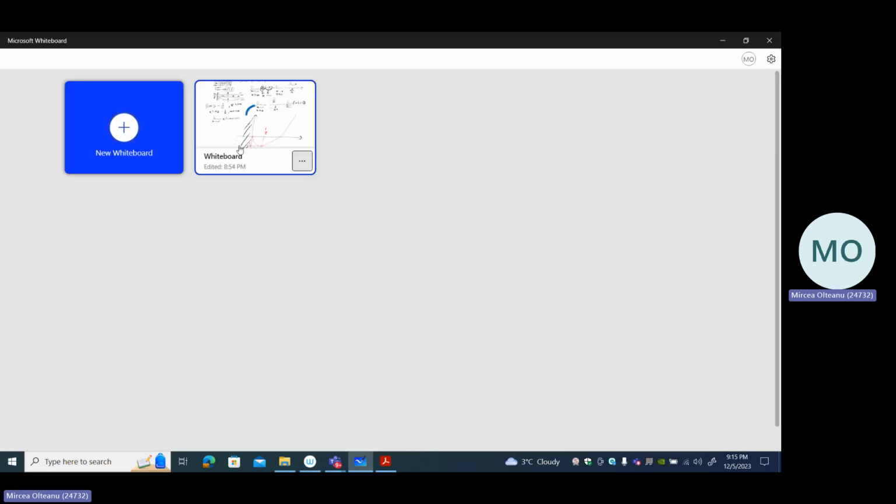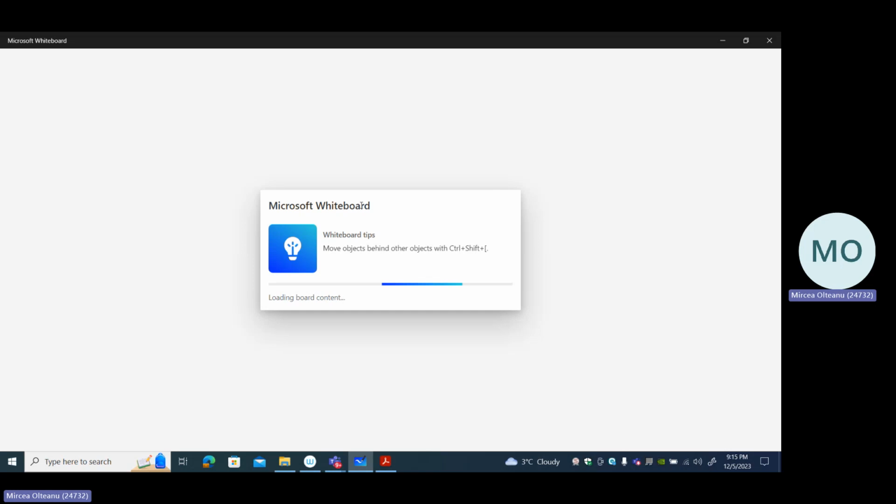Now the question is to study, let's consider the function on the set of real numbers, f of x equals sine of x minus x to the power 3 over 6.